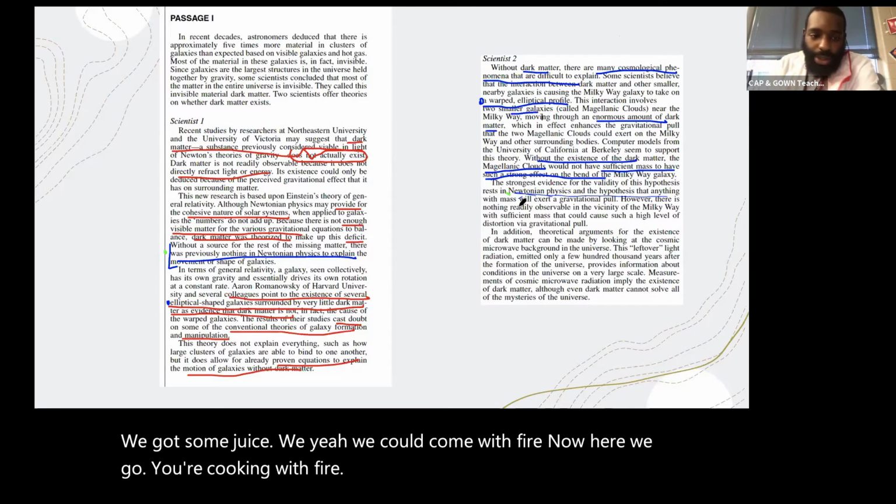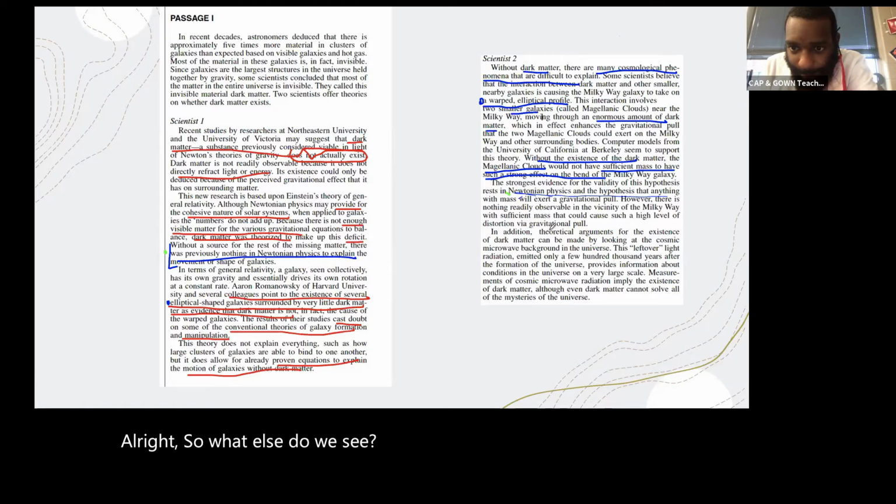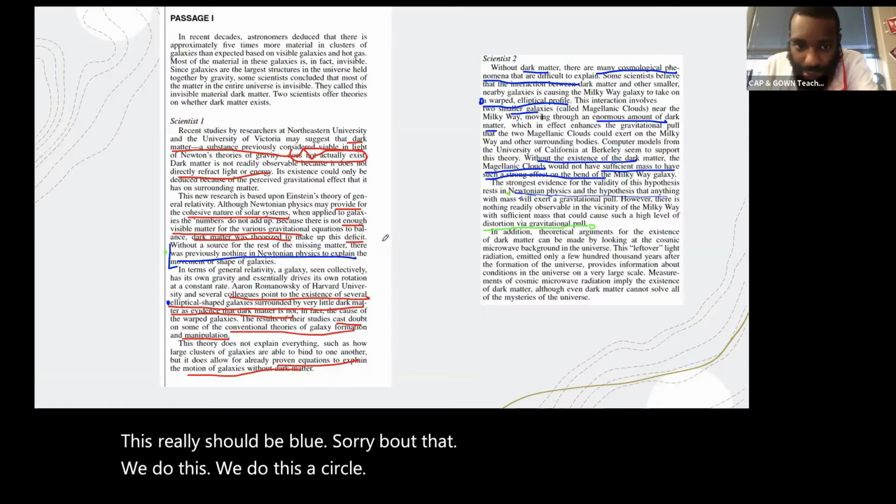All right, so what else do we see? This really should be blue. Sorry about that. We'll do this a circle. Circle, circle.